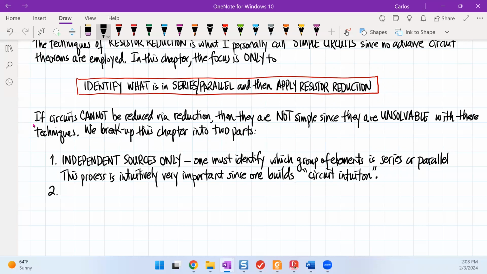Two, both independent and dependent sources.